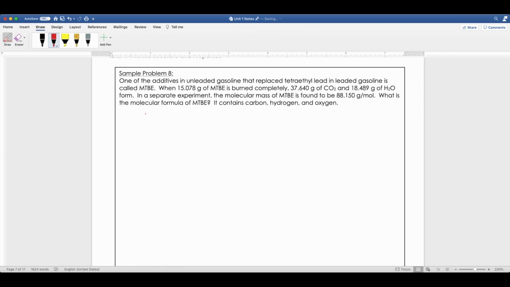So let's get an equation down. I think that's important. So MTBE, we know it contains some amount of carbon, some amount of hydrogen, and some amount of oxygen. And I'm performing a combustion analysis, right? So I'm going to react this with O2, and I produce CO2 and H2O.